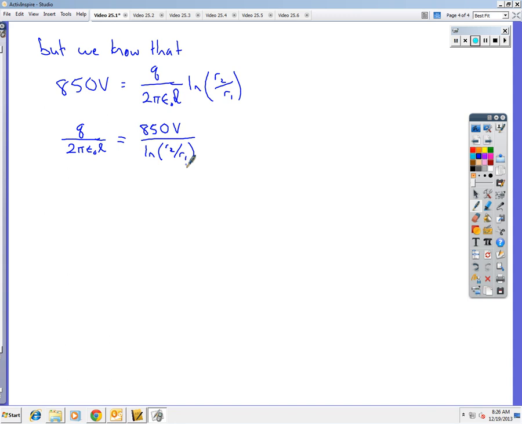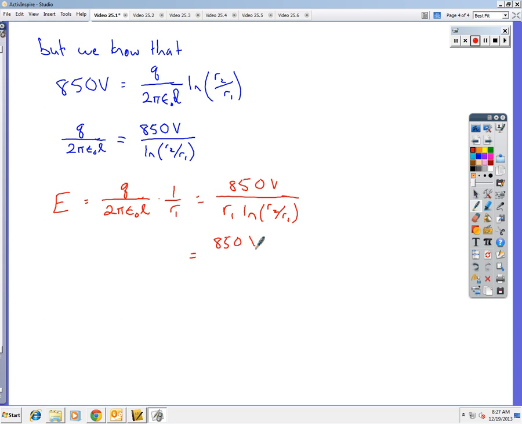And so we can plug that back into our expression for the electric field. The electric field, remember, was Q over 2 pi epsilon naught L times 1 over R. So that equals 850 volts divided by, since we're finding the field just outside the cylinder, it's at R1. So R1 times the natural log of R2 over R1.